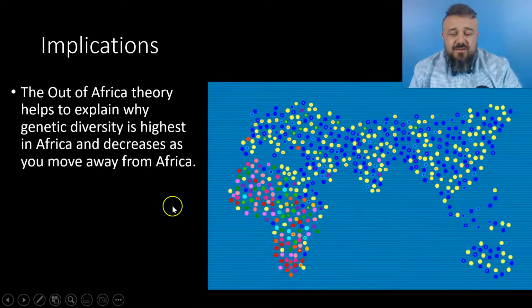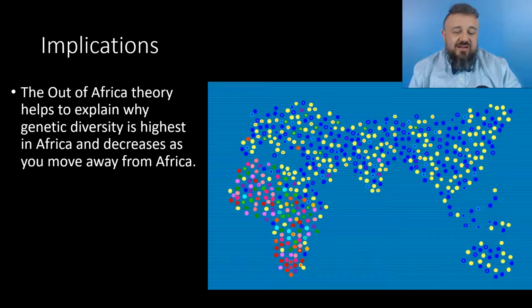And that's because all the people started here, and there's huge diversity, but it was only a small group that actually left in the first place. It was that one group, so all the genetic diversity after that starts to come from there.